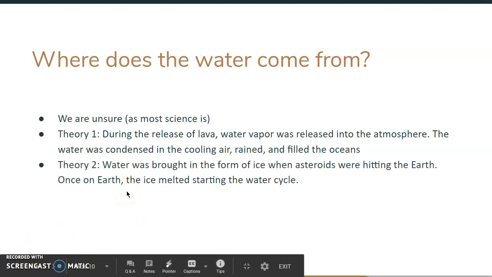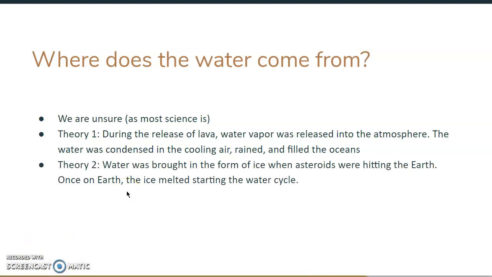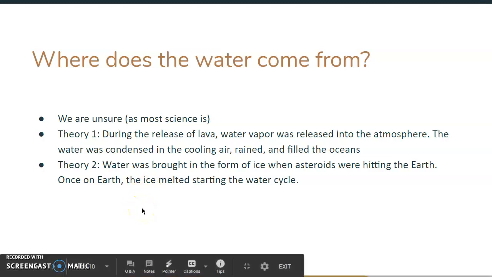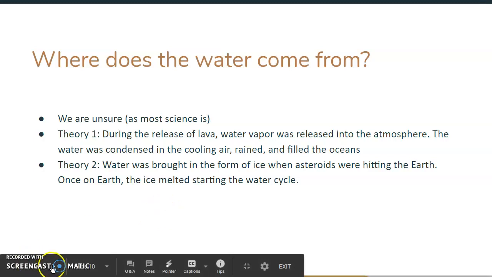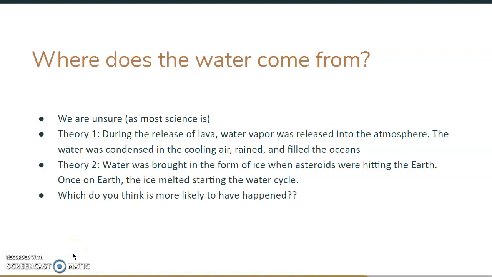Another idea is that water was brought in the form of ice when asteroids were hitting the Earth. And then once on Earth, it was at a warm enough temperature to melt from ice into liquid water, and then we had a normal water cycle where Earth heated up the water, it was condensed, and then rained again. So which do you think is most likely to happen?